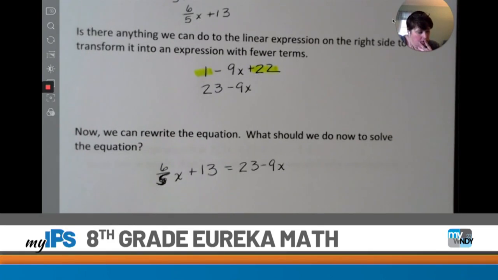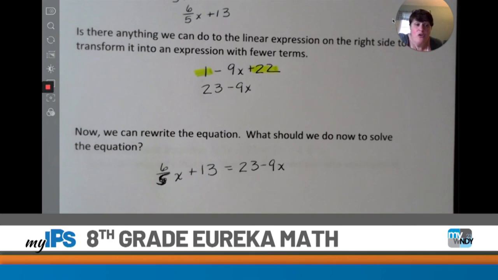Let's think about this. What should we move first? How many of you are thinking that we should move the constants first? Are some of you thinking we should move the variable first?